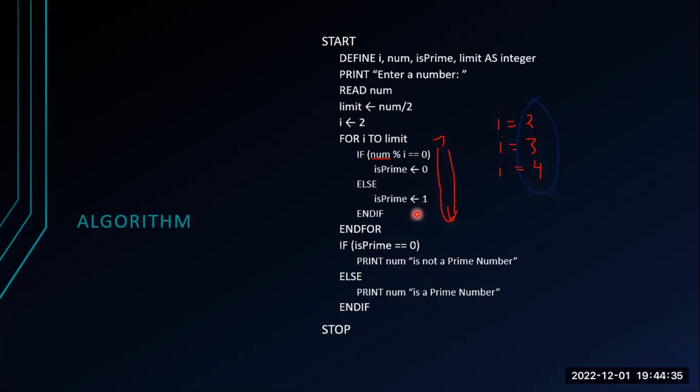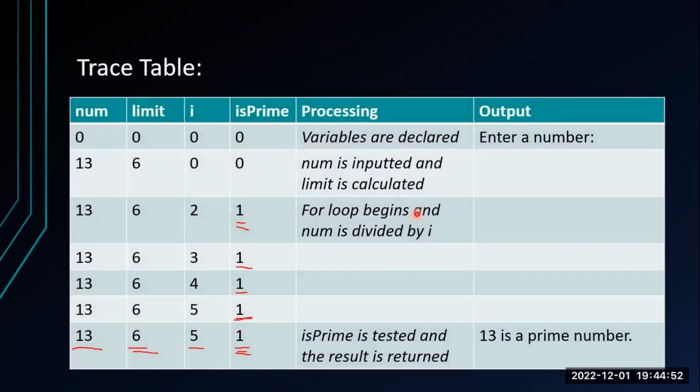And if there is no remainder, meaning that if 13 mod 3 is equal to 0, then it would, as I said before with 2, assign 0 to its prime, and else 1. And as you can see here, its prime should remain 1, since 13 can't be divided by 3.